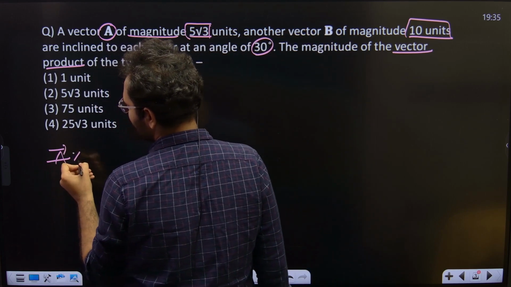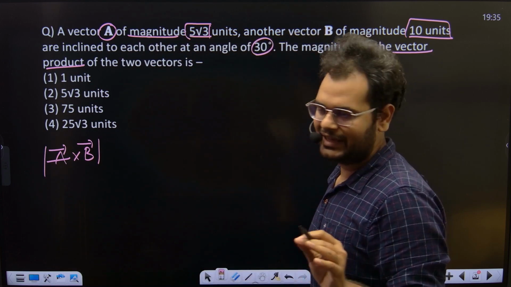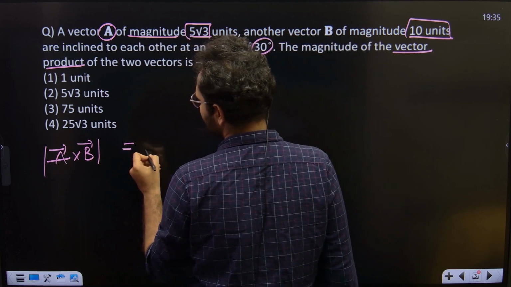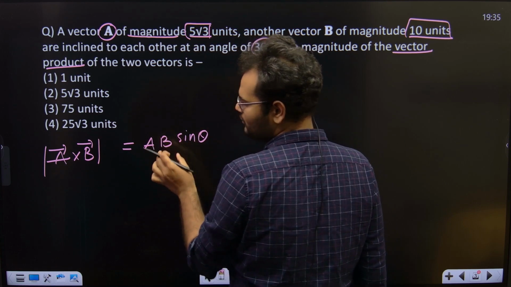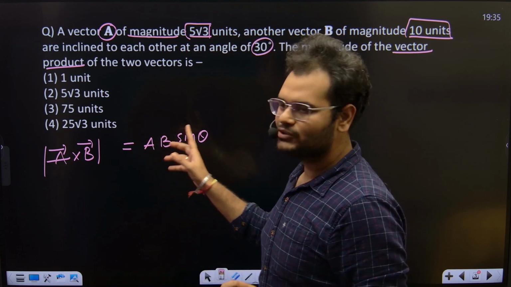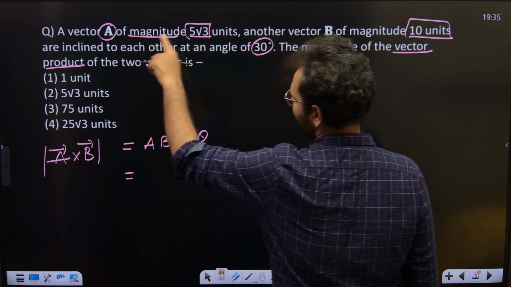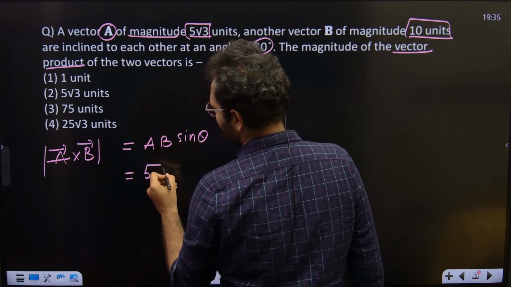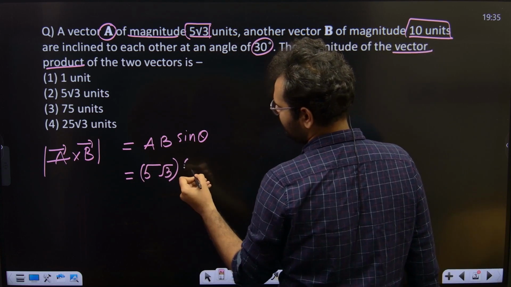So vector product magnitude. See, they are asking magnitude. Direct formula we have. What is the formula? Sir, A cross B is AB sin theta. Simply this is magnitude also. I can write magnitude in this fashion also, right? Yes sir. So what is A here? Is magnitude of A given? Yes, it is given. 5 root 3. What is the magnitude of B? Is it given? Yes sir.